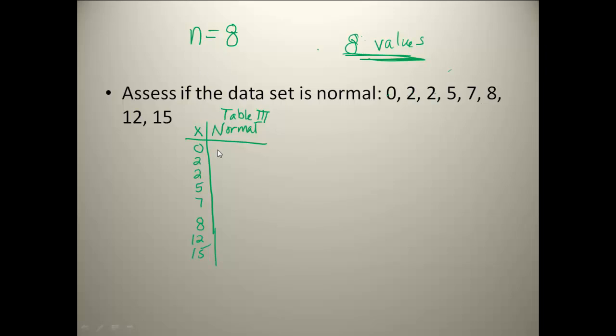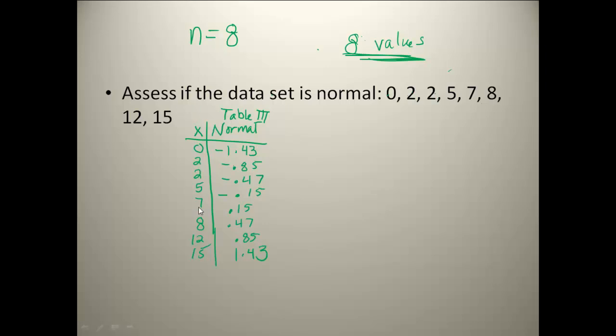When you do that, you will see the numbers in the column below that are negative 1.43, negative 0.85, negative 0.47, negative 0.15, and then 0.15, 0.47, 0.85, and 1.43.